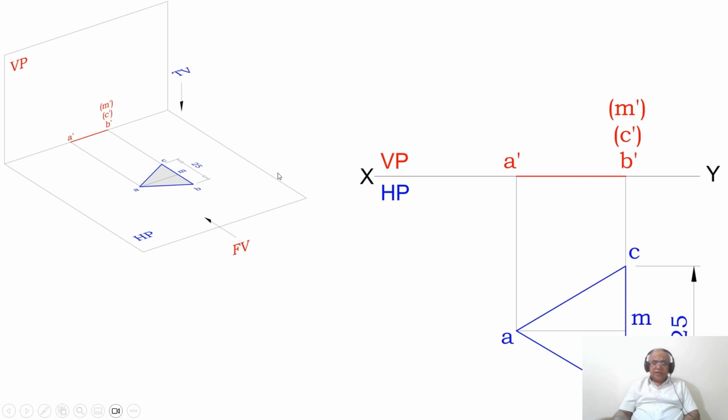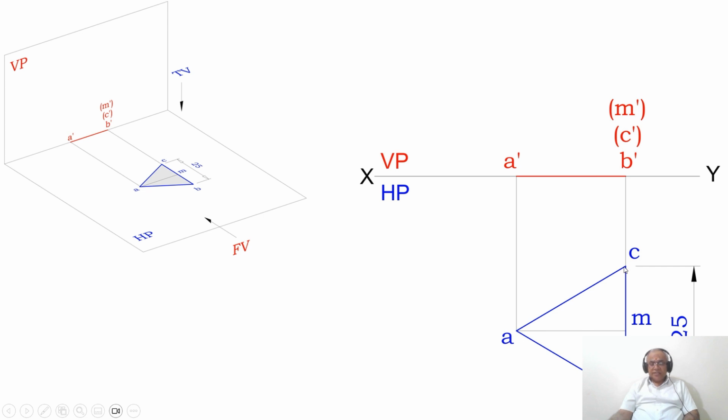How to solve this? Manually or in the sketchbook. First we are going to draw the XY line and mark VP and HP. Since it is HP, we have to start the problem from HP. As we are doing it in the grid sheet, you measure 25 mm and mark these 2 points B and C. Then by using the protractor with B as center, taking the radius of 25, draw an arc towards the left side.